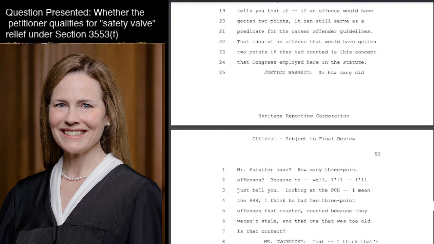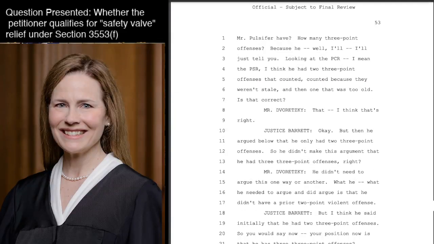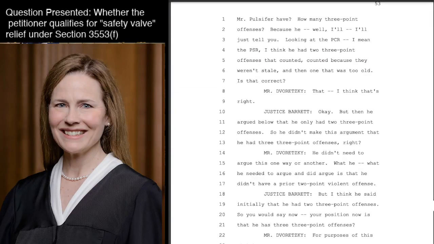So how many did Mr. Pulsifer have? How many 3-point offenses? Because I'll just tell you, looking at the PSR, I think he had 2 3-point offenses that counted because they weren't stale, and then one that was too old. Is that correct? I think that's right. Okay, but then he argued below that he only had 2 3-point offenses.